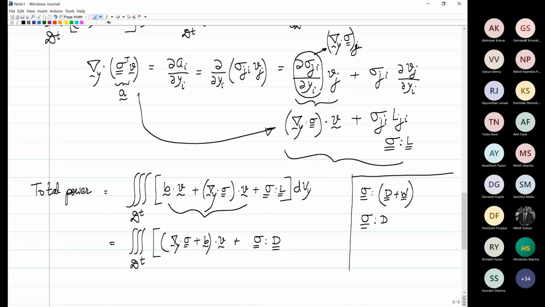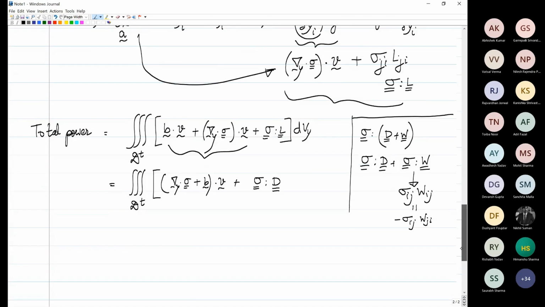So this becomes sigma double contraction D plus sigma double contraction W. Now W is antisymmetric, okay? Now you see this thing is same as sigma ij Wij double contraction. But Wij is equal to minus of Wji, right? So this is same as minus sigma ij Wji.